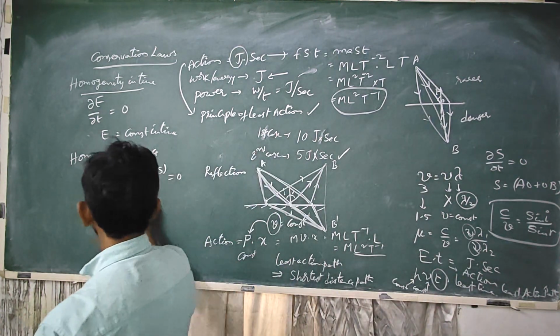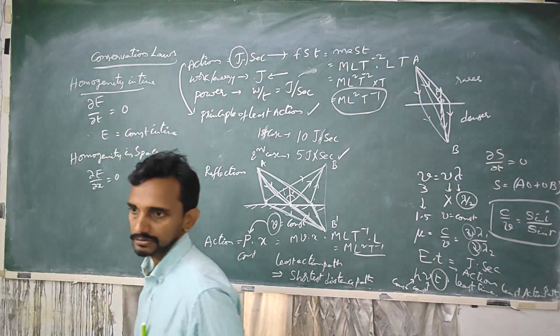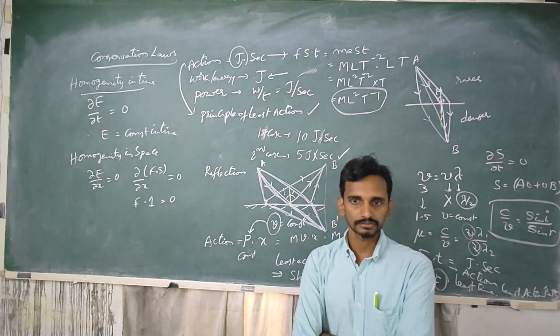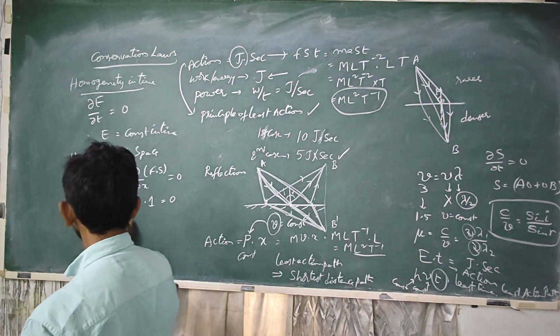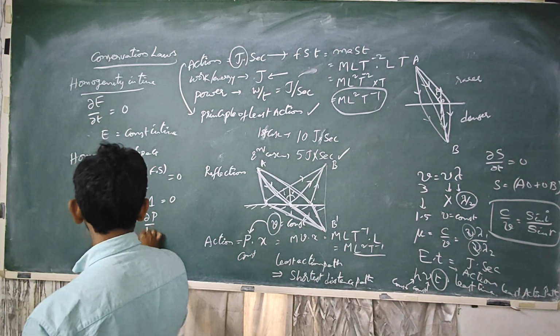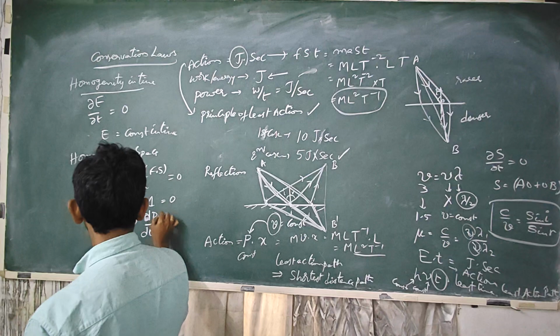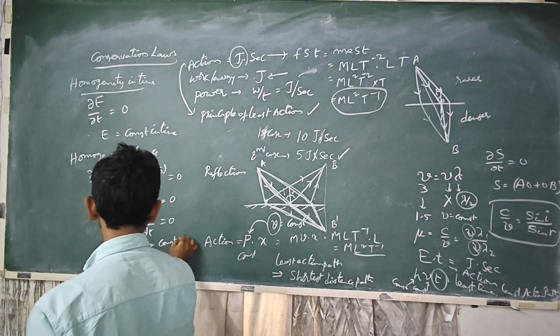So F comes outside. So force is 0. That means what? dP by dt is 0. Otherwise, P is constant in time.